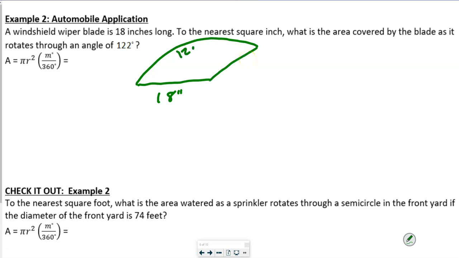Okay, so what is that going to be? That's going to be our M, right? This is our M, this is our R. So we're going to use our same old formula again, right? So our area is equal to pi times 18 squared times 122 over 360.